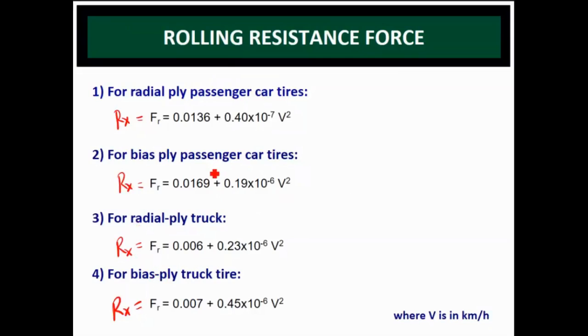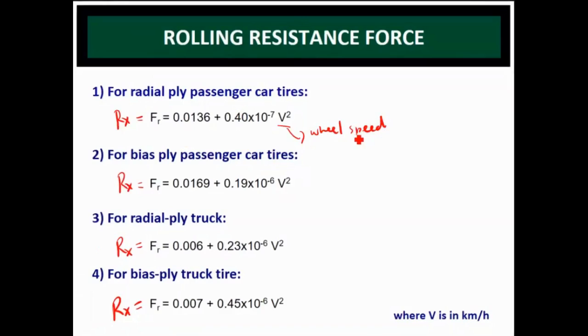The rolling resistance force depends on the tire types and vehicle. Number one, for example, for the radial ply passenger car tire, if you want to determine the rolling resistance force, you must use this equation. V is the wheel speed.